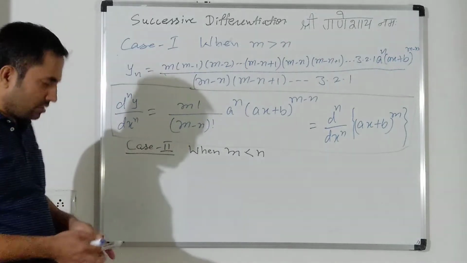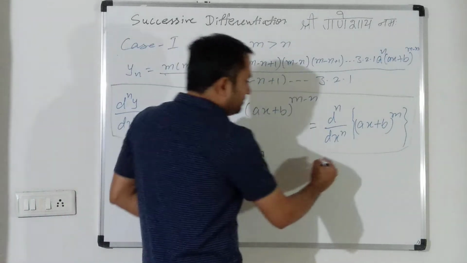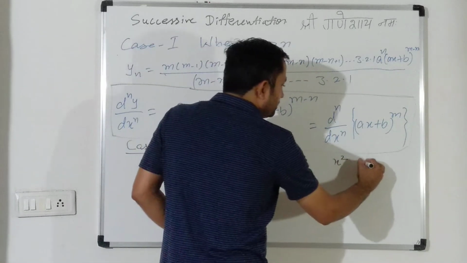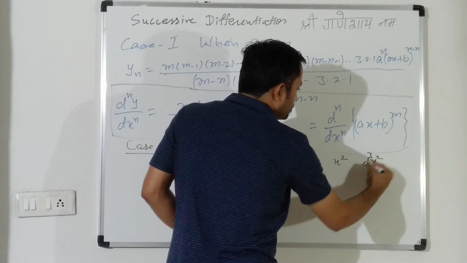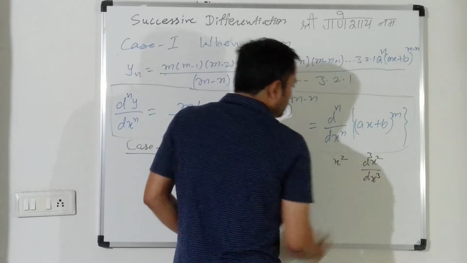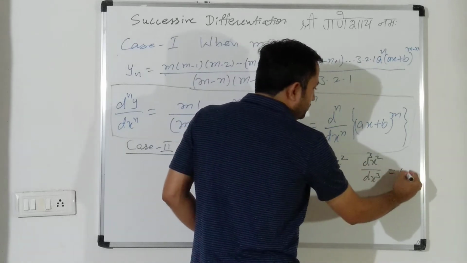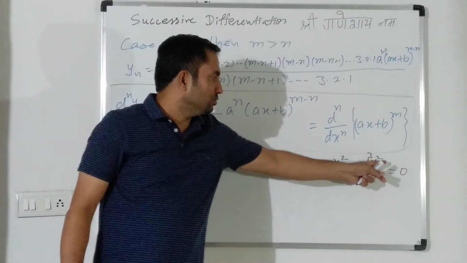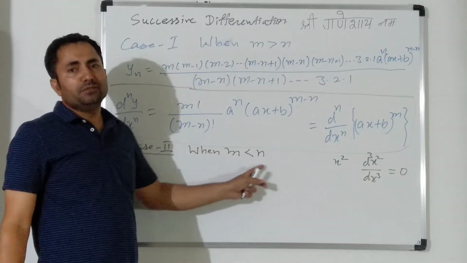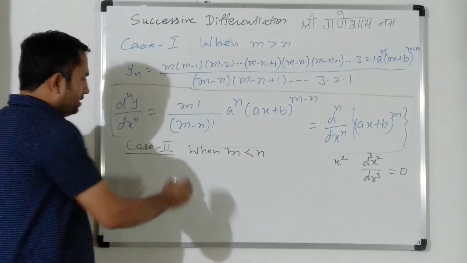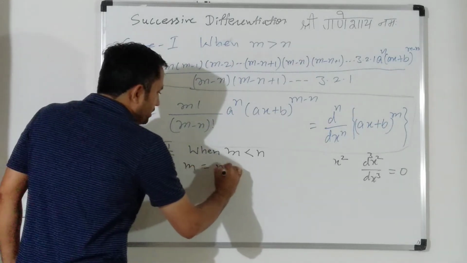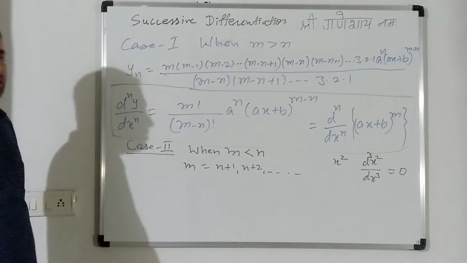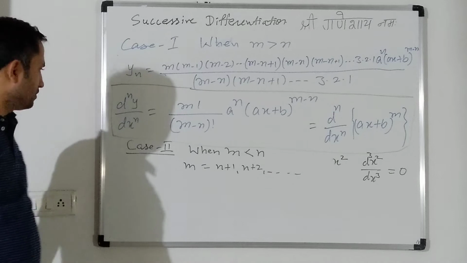As we know, if you have x square and you require d3 of x square upon dx cube, what we have is 0, since 3 is greater than 2. The same thing holds for any m less than n: by putting n equal to m plus 1, m plus 2 and so on, we will have the value 0.